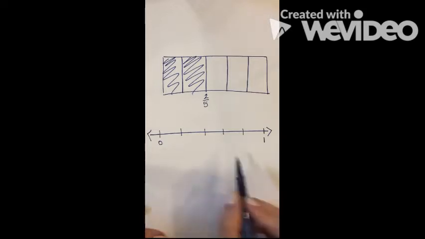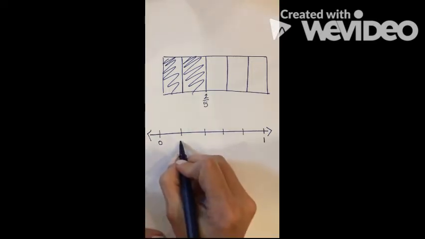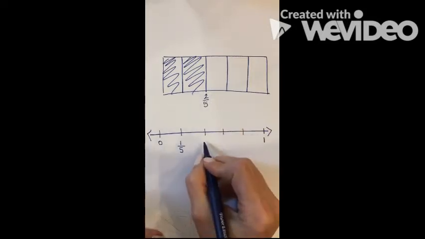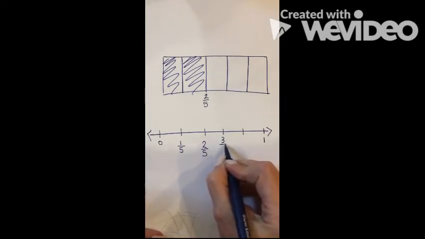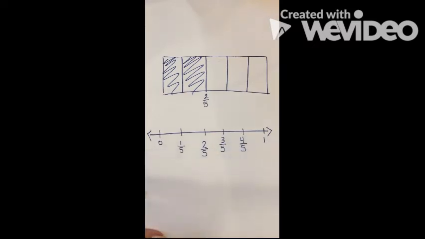So now I cannot leave my tape diagram or my number line unlabeled. I have to go back and label my number line. So this section right here represents 1/5. We know this section represents 2/5, just like labeled on our tape diagram above. This would be 3/5, 4/5, and then this would be 5/5, or our whole.